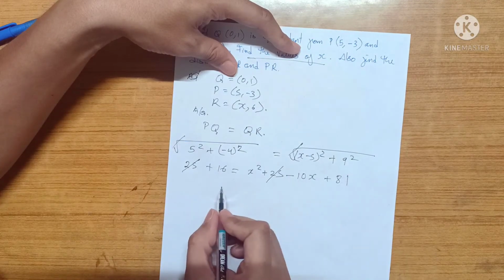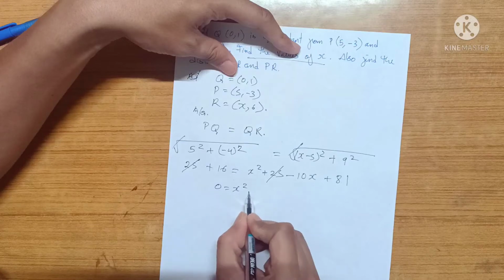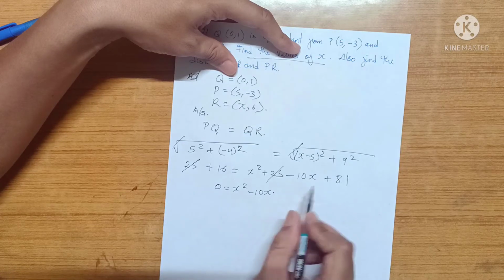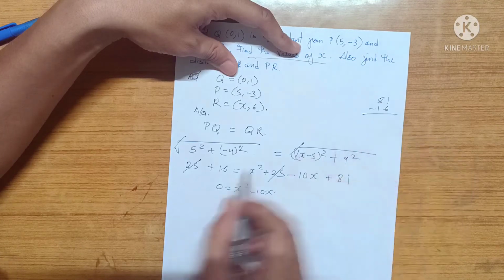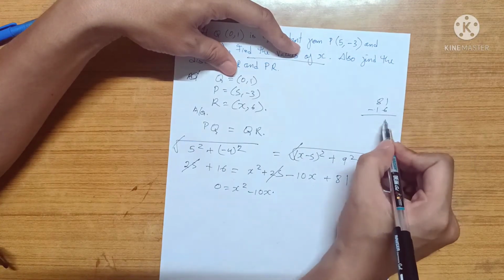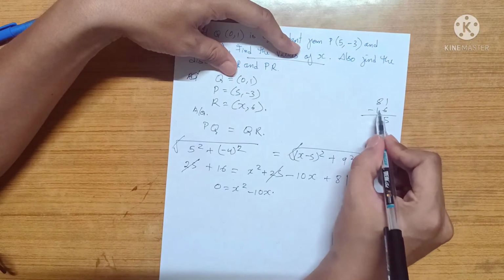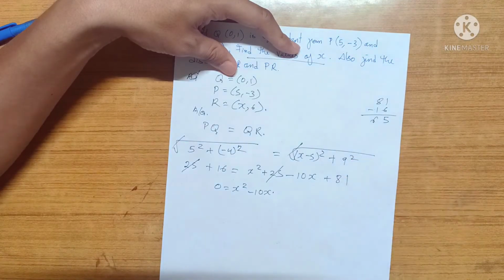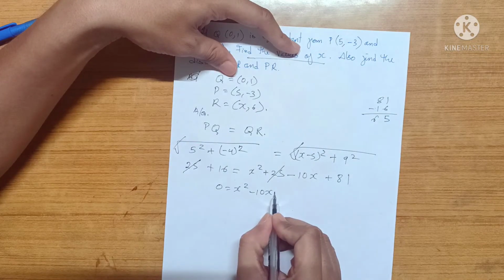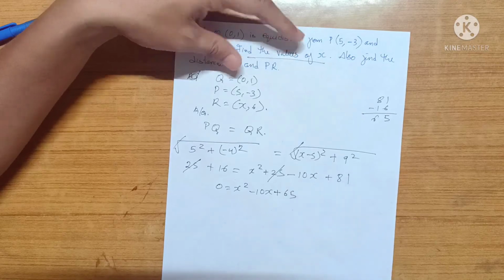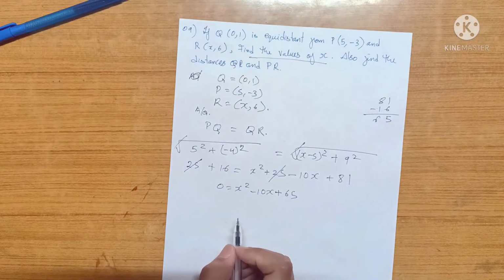Now I'll bring 16 to this side, so 0 equals x squared minus 10x, 81 minus 16, because 16 goes here it becomes minus. So 81 minus 16 is 65, plus 65.